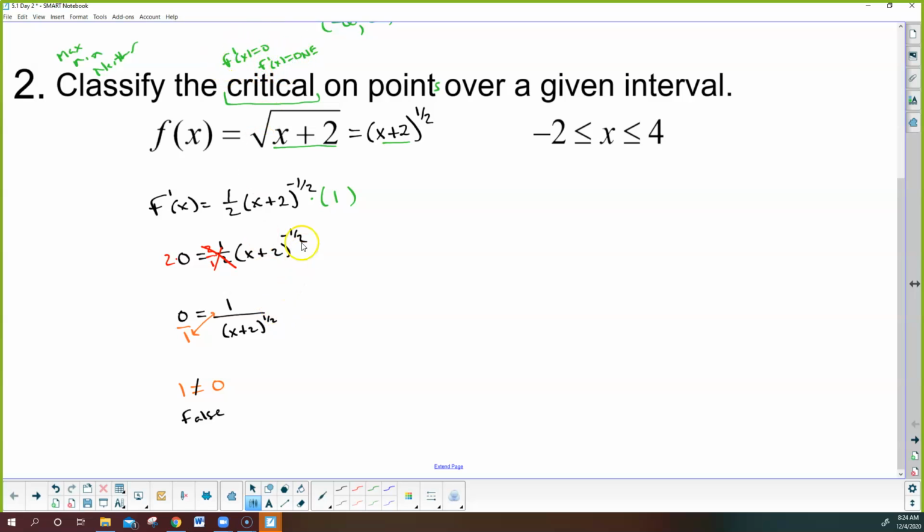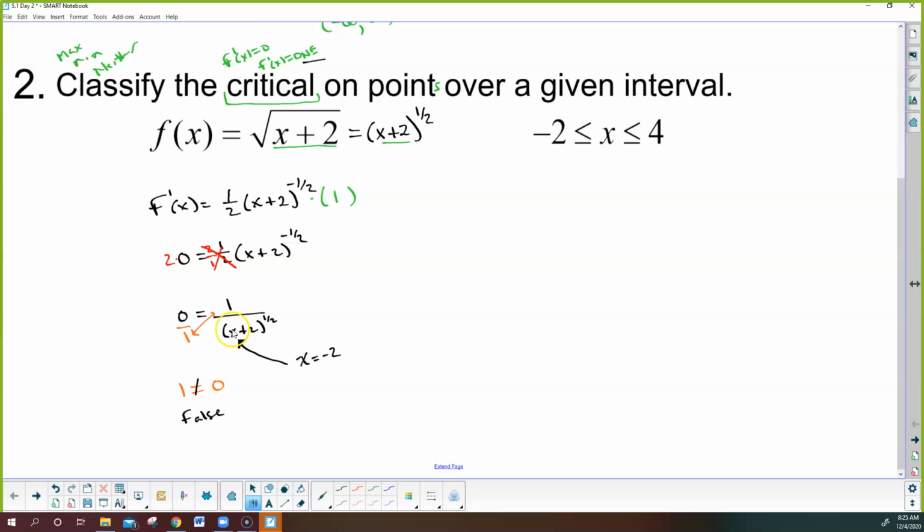But is there a spot where the derivative is undefined? And that's where something we kind of notice. If you look at any one of these forms right here, they're still the derivatives. And the only time that it will be undefined is when x is equal to -2.